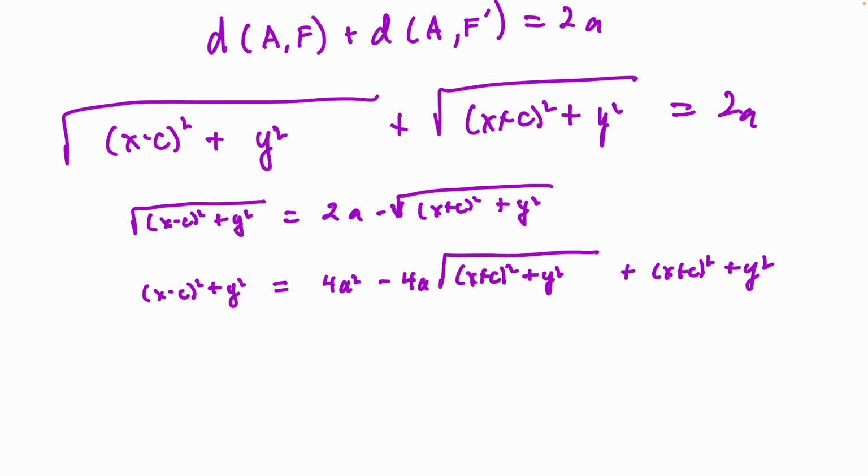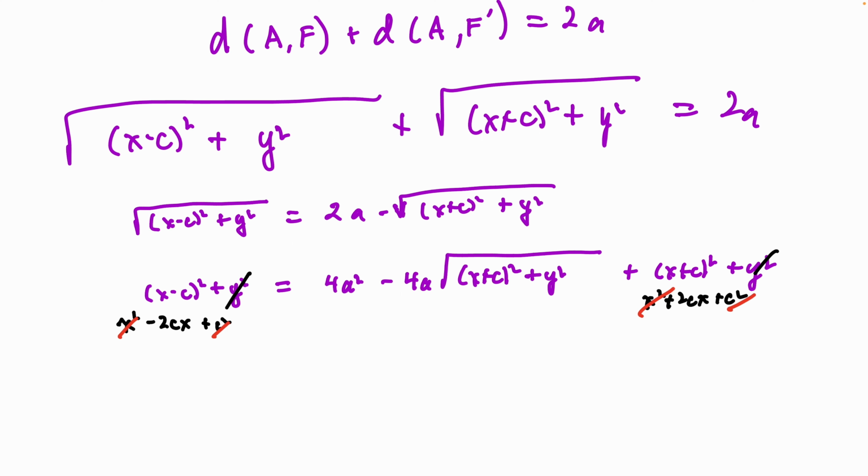Can do a quick observation that y squared appears on both sides. This is the sum, this is a difference, so we need to multiply those out. If we multiply out, we get x squared minus 2cx plus c squared. If we multiply out on the other side, we get x squared plus 2cx plus c squared. And then we can observe that x squared appears on both sides and c squared appears on both sides. All right, clean that up.